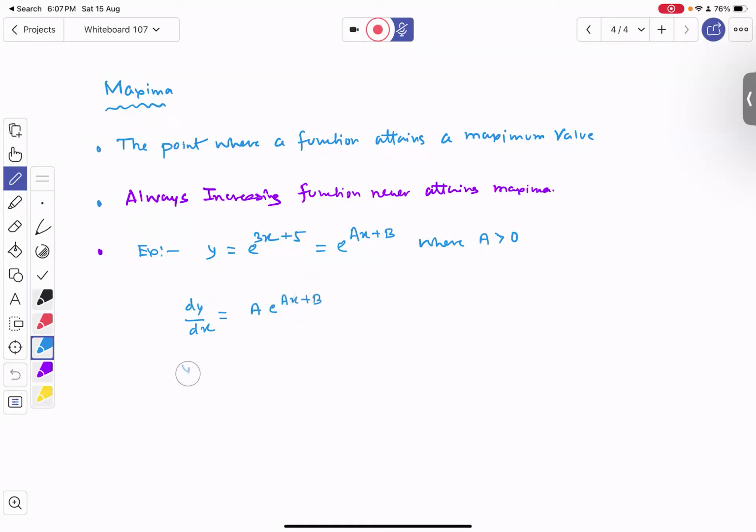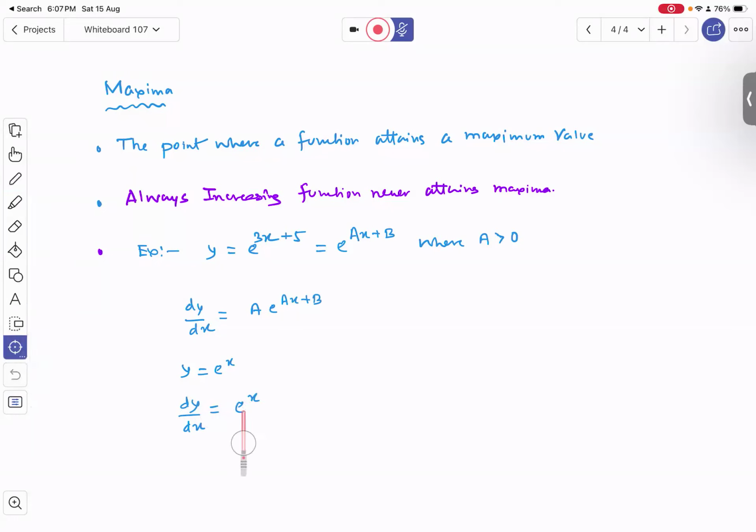For example, if I give you y as e power x, dy by dx will be e power x. Tell me, can you think of any x which can make it negative? Which thing do I have to make negative? This entire thing, e power x.